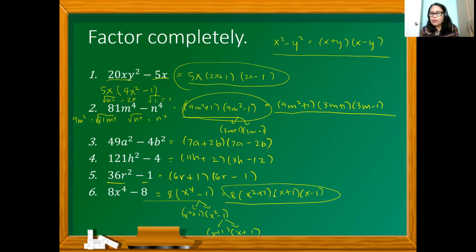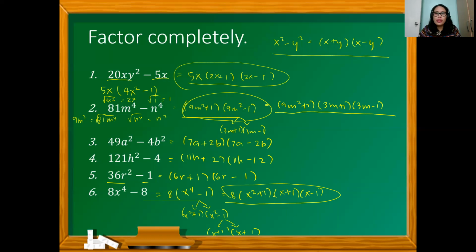So working on the factors as regards the difference of two squares is very easy. You just have to find out if both terms are perfect squares. If not, maybe you can factor out both terms by their corresponding GCF. Now, if the result after you divide the expression by its GCF turned out to be the difference of two squares, that's the time that you have to work on the factors.